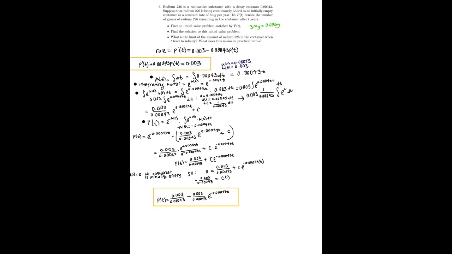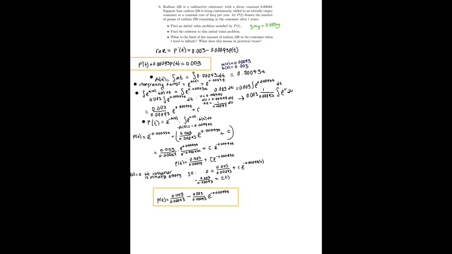Because the 0.00043 is in front of the P of T, that's going to be A of T. And because the 0.003 is on the right hand side of the equation, that's going to be B of T. From there, I found capital A of T, which is the integral of A of T, which for this equation is the integral of 0.00043 dt.